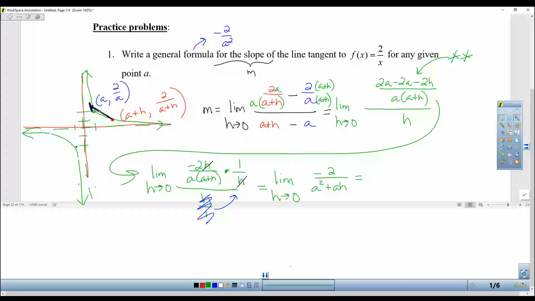But now we had to do this process because at this point up here, we couldn't let h be equal to 0. But now we can. When we plug a 0 in right here, we're going to just get negative 2 over a squared. And that's the answer.